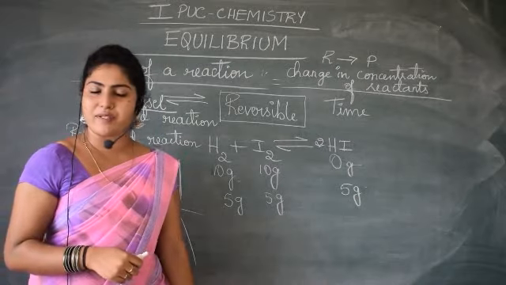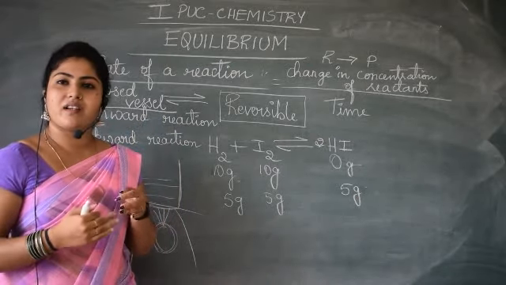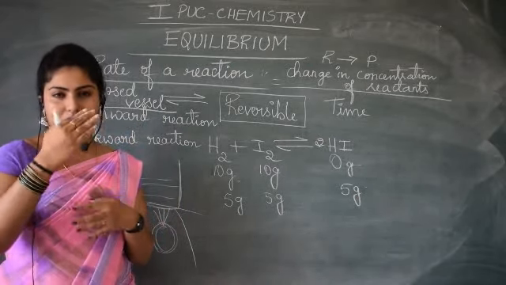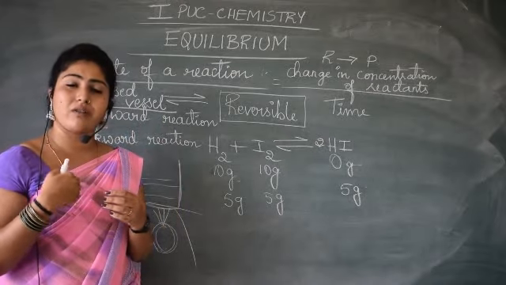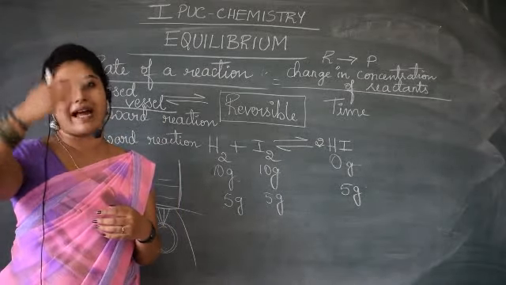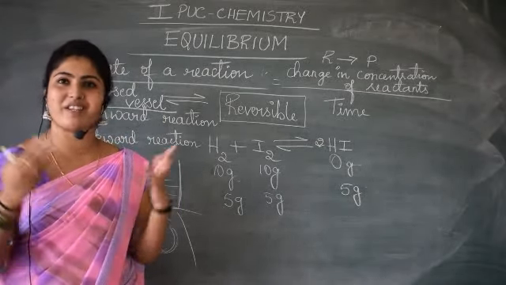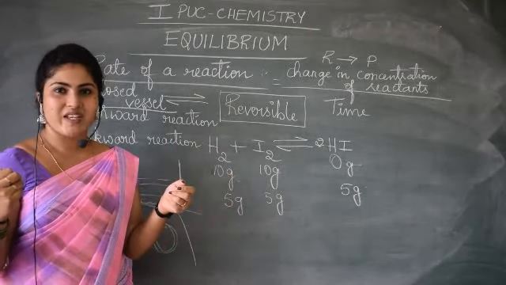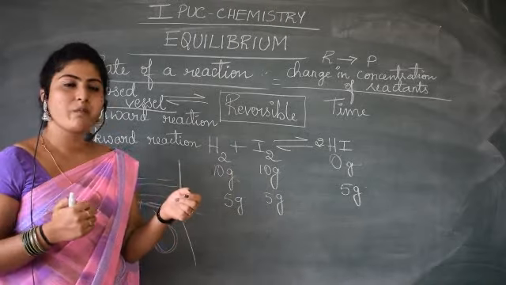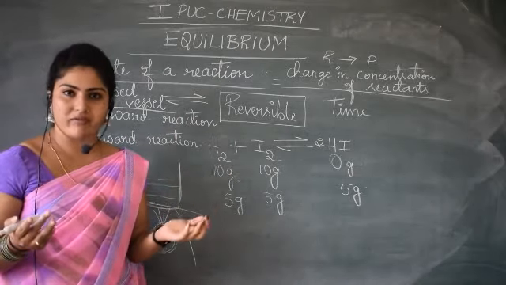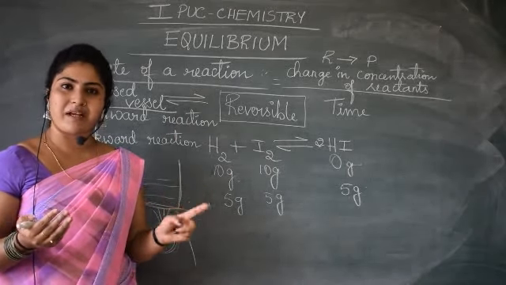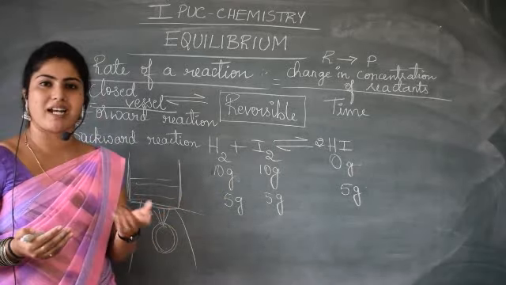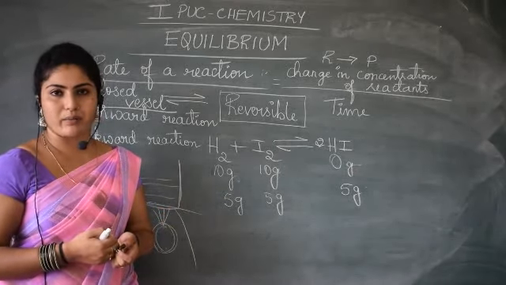Otherwise, you know what happens if it is not a closed vessel? The reactants try to attain equilibrium with the surrounding, means with the universe. You can imagine how long it may take. So it's not easy to study equilibrium in an open vessel. It must be in a closed vessel if you have to study the state of equilibrium.